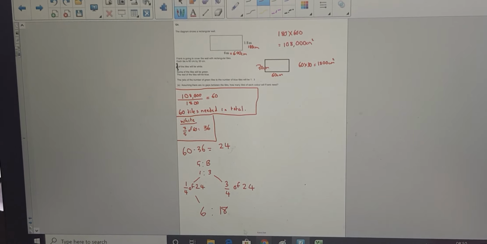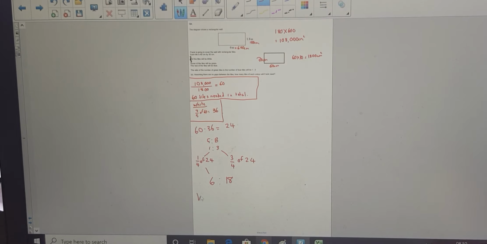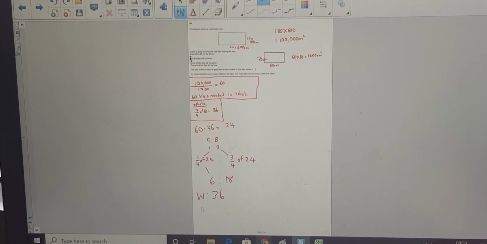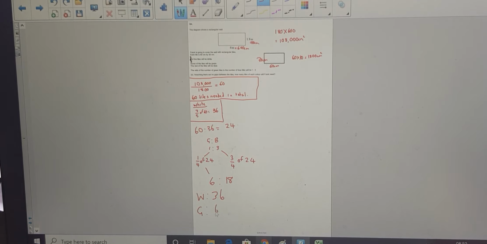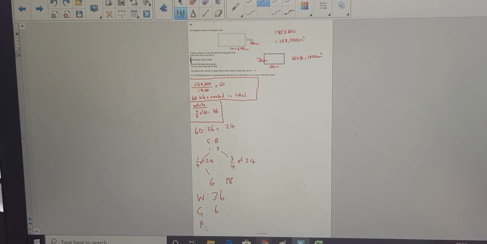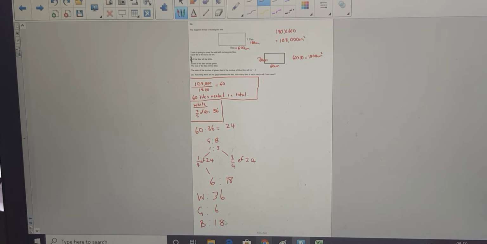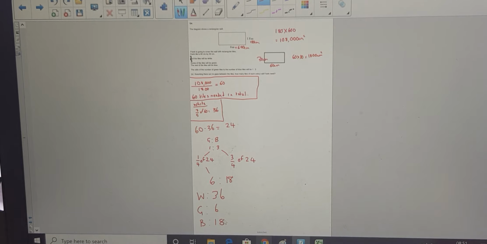So therefore white tiles is 36, green tiles is 6, and blue tiles is 18. And that should all add to make the magic 60 that we discussed a second ago. Yeah, so that's question 4.